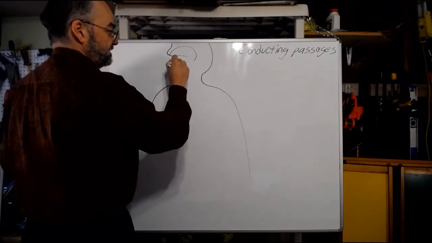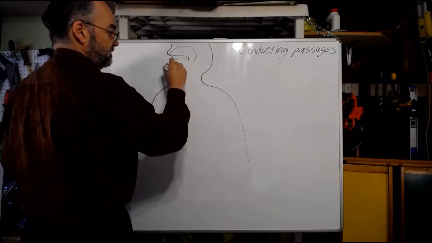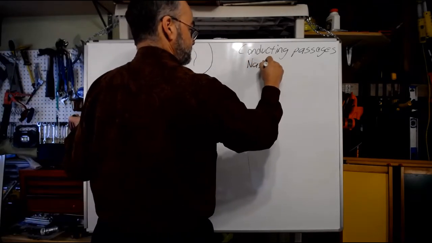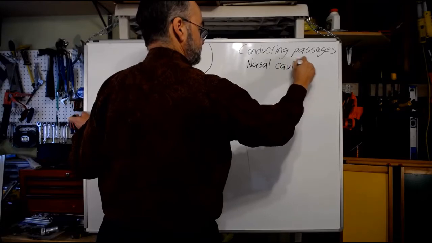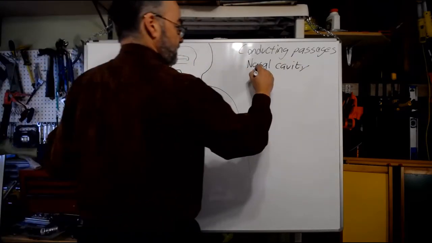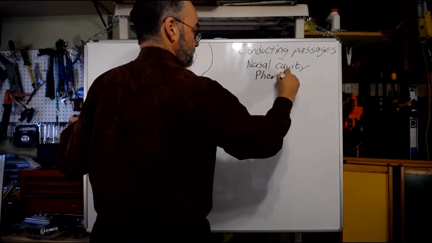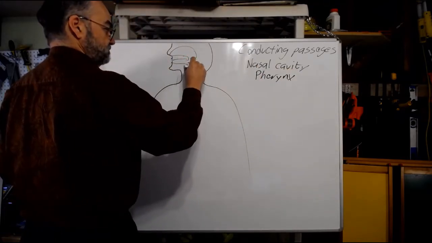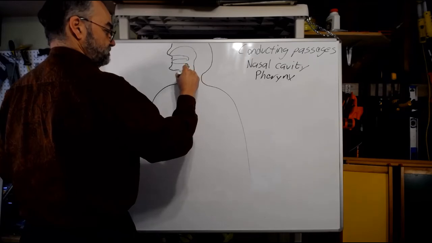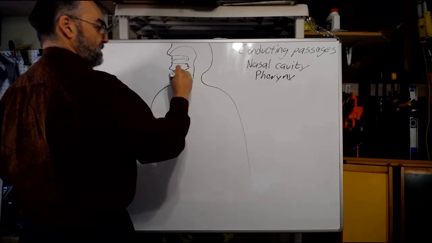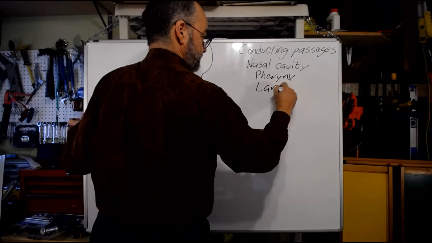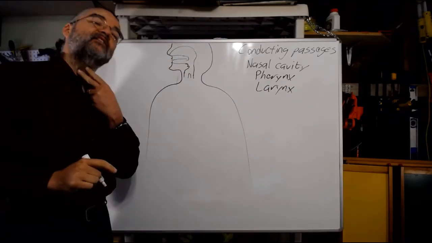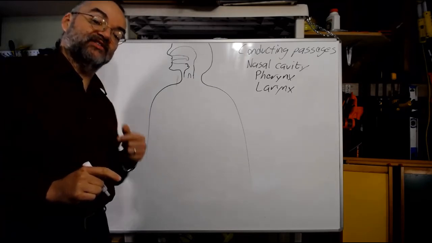So those conducting passages are the nasal cavity, which is up here, the pharynx, and the larynx here, also known as the voice box, that cartilaginous thing right here that buzzes when you make sound.